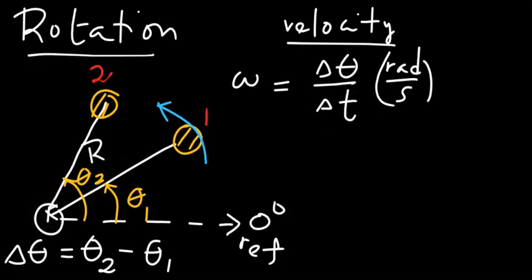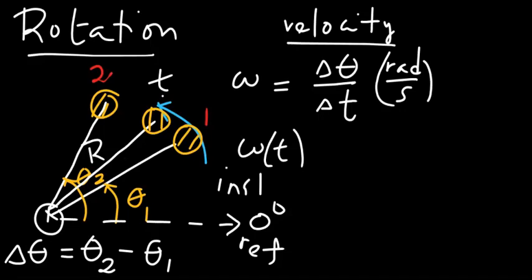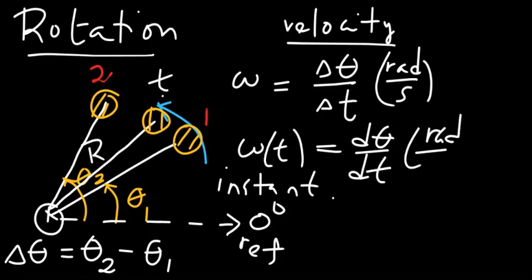If you desire to find the angular speed or angular velocity at a particular time, say t seconds, that angular speed or angular velocity is known as the instantaneous angular velocity, and it's given by the derivative d theta over dt. The unit is of course radians per second.